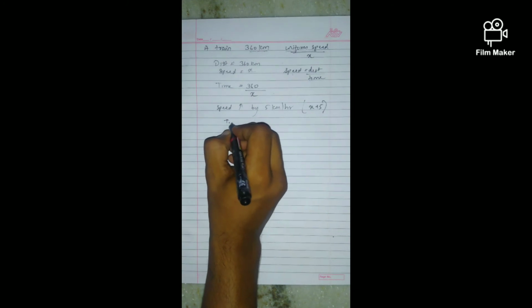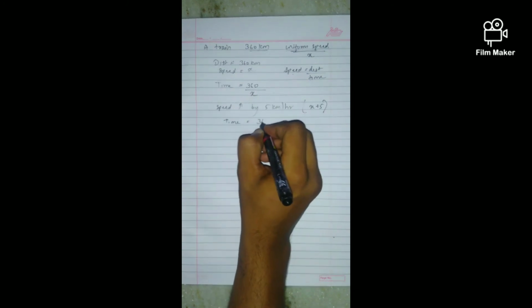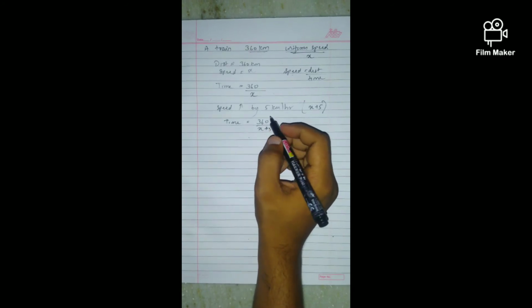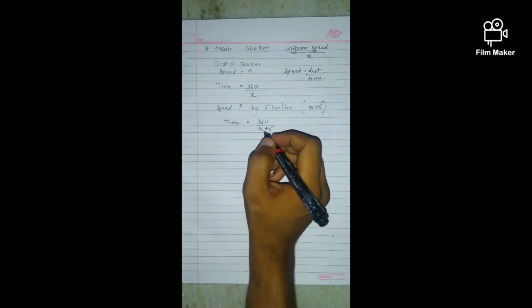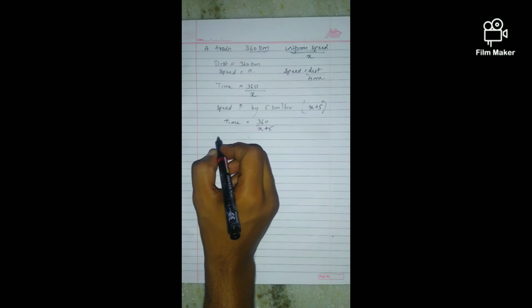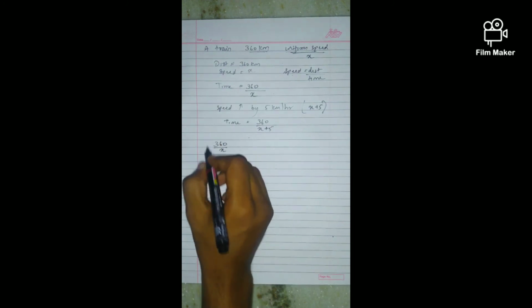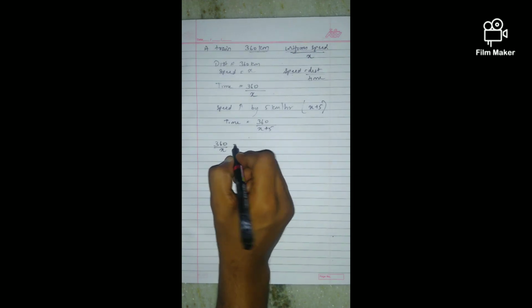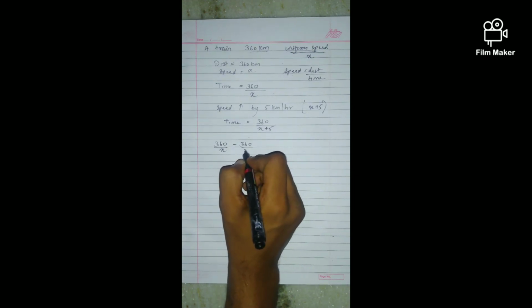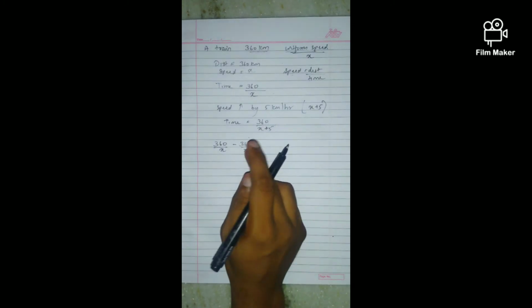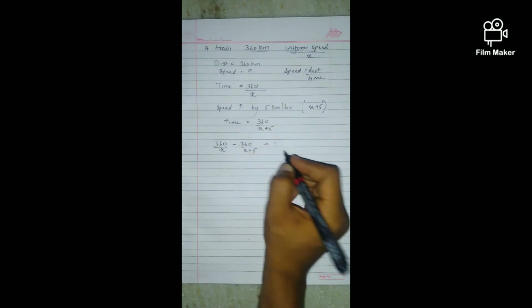Then the time taken would be 360 upon x plus 5. It says that it would have taken 1 hour less. So 360 upon x, the original time, minus 360 upon x plus 5, the time when the speed was increased, is equal to 1.